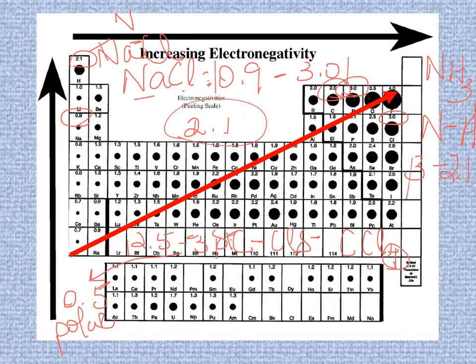And so the absolute value of those differences in electronegativity is 0.9. Right, smack in the middle of polar. So that is a polar bond. The more electronegative atom would be the nitrogen, and the less electronegative would be the hydrogen. So make sure you're able to do that.